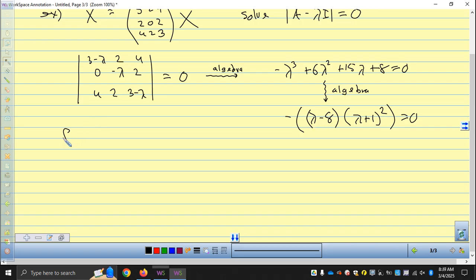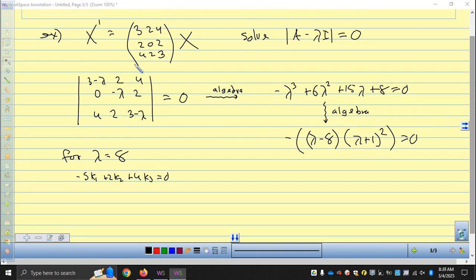For lambda equals 8, our system of equations becomes, let's see, 5 minus 1. So we get negative 5 k1 plus 2 k2 plus 4 k3 equals 0 from the first one. Did I do something wrong here? I did. There should be a 2 here from this.